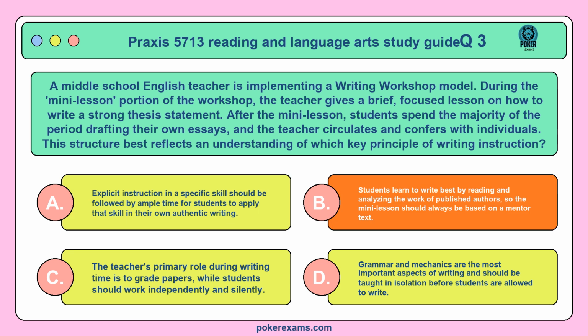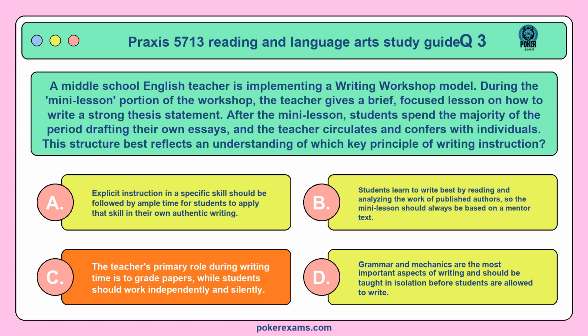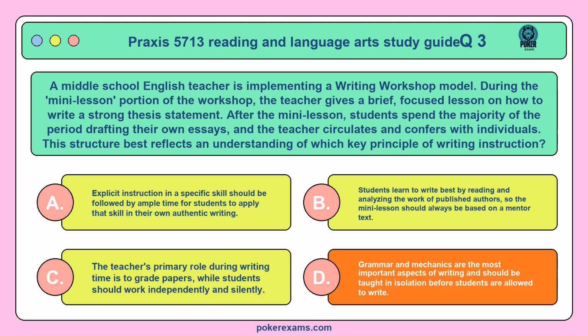B. Students learn to write best by reading and analyzing the work of published authors, so the mini-lesson should always be based on a mentor text. C. The teacher's primary role during writing time is to grade papers, while students should work independently and silently. Or D. Grammar and mechanics are the most important aspects of writing and should be taught in isolation before students are allowed to write.